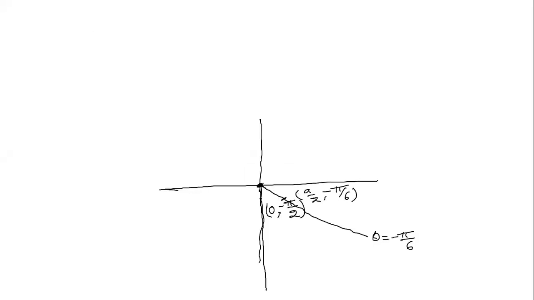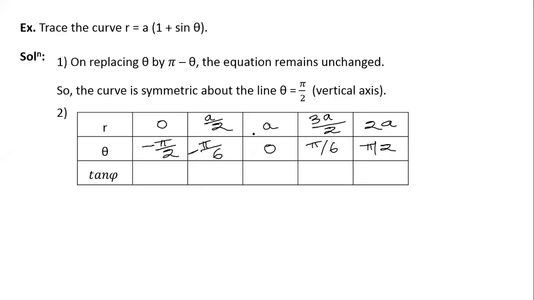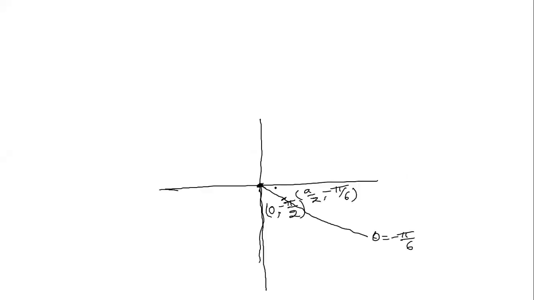Okay, this is another point. Then after that theta equal to 0 and r equal to a. This is very much logical. So r is a and theta equal to 0. This is the point. Do not confuse with x and y coordinates.